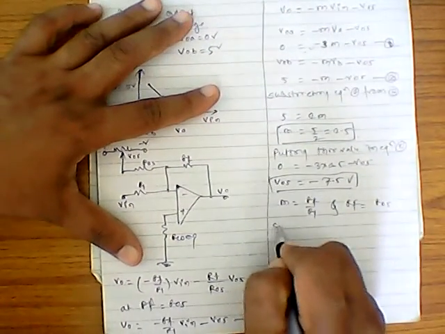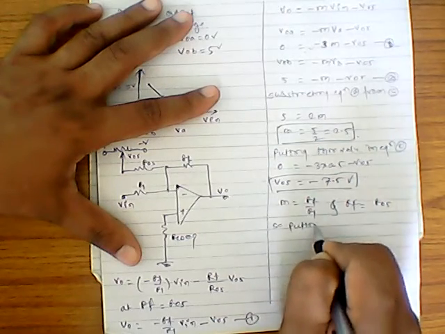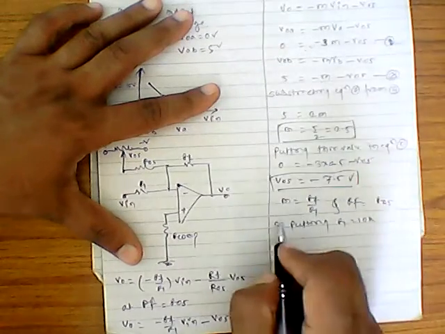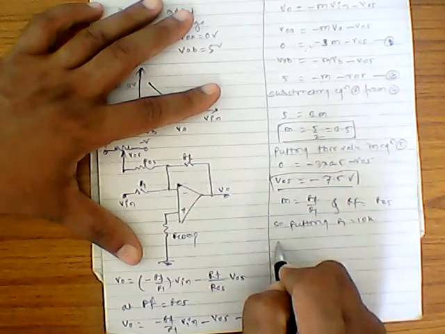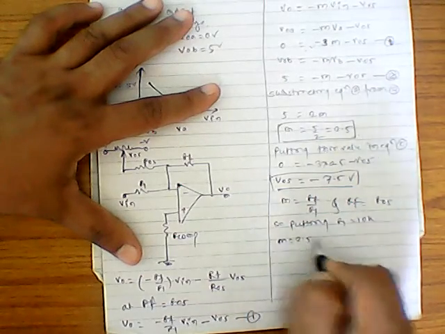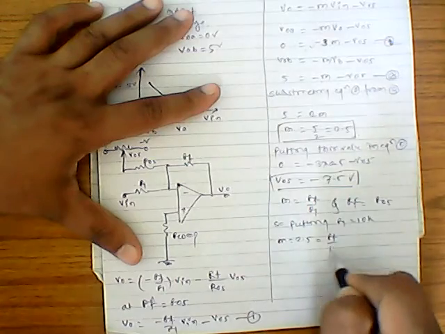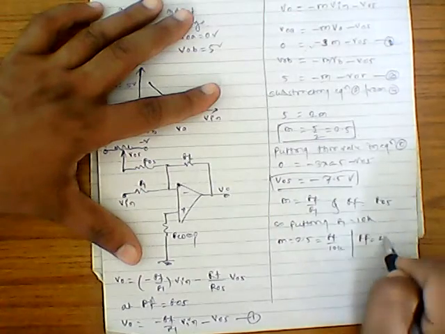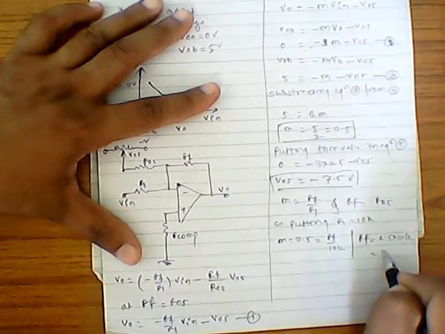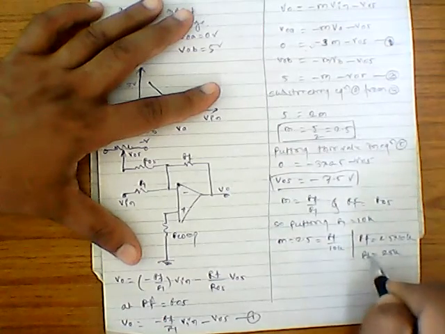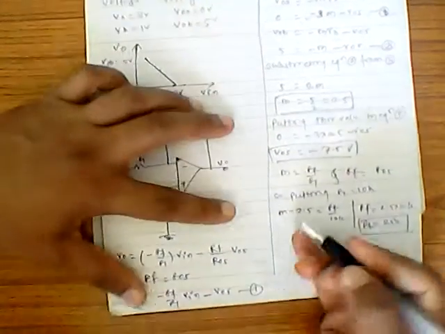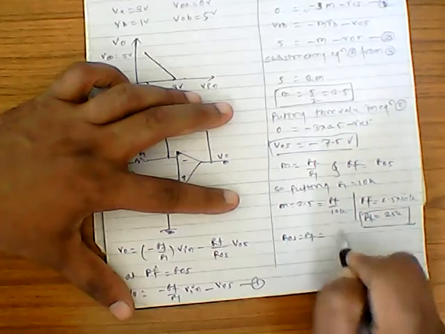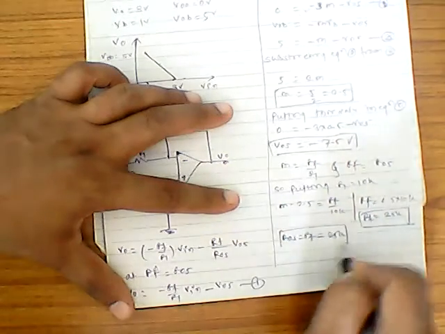So putting R1 is equal to 10k in the above equation, we will get M is equal to 2.5 is equal to RF divided by 10k. So we will get RF is equal to 2.5 multiplied by 10k, that is 25k. This is one we got. Similarly, ROS is equal to RF is equal to 25k. This is also we got.